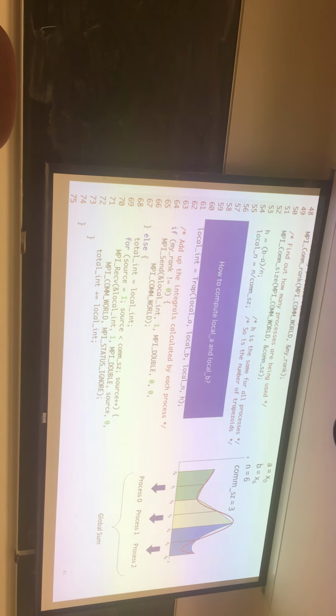This is all the variables you have. So let's think: you can pick a rank. If you are rank 1, you know what's the area you need to calculate, to go from here to here. Then how do you calculate it? You know the width, and you know how many trapezoids. But then what's your local A and local B? So let's all think for a few minutes.